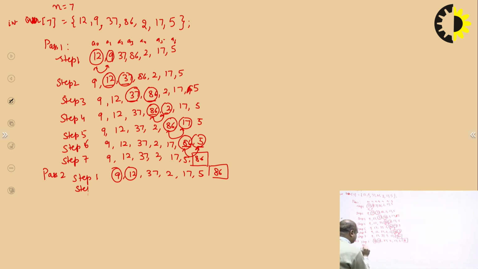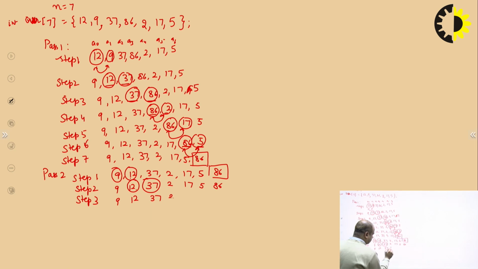In step 2, we compare 12 with 37 in the array 9, 12, 37, 2, 17, 5 and 86. We see the previous element is smaller than the next element, so no change will be made. Next, in step 3, we compare 37 with 2.